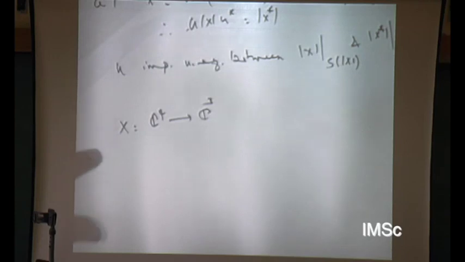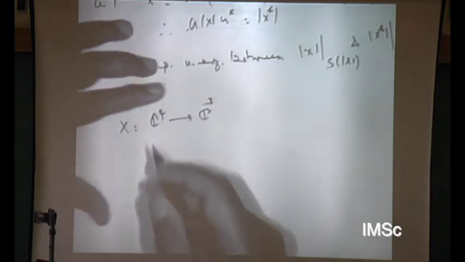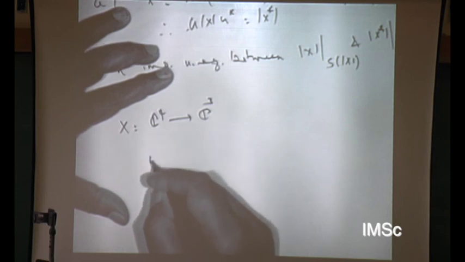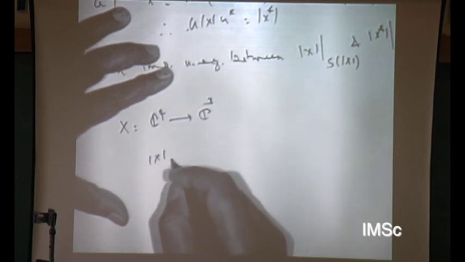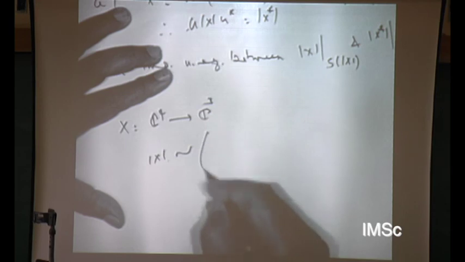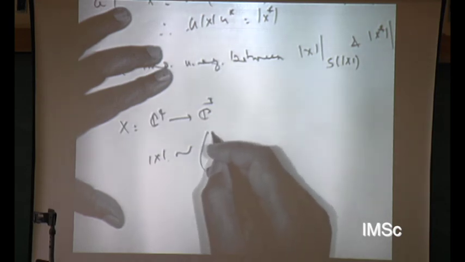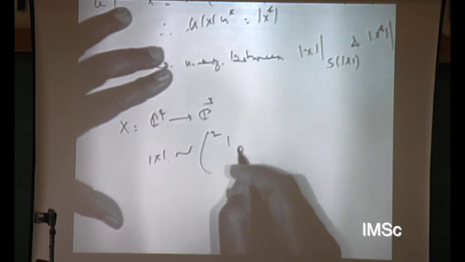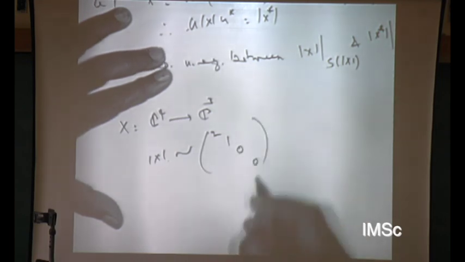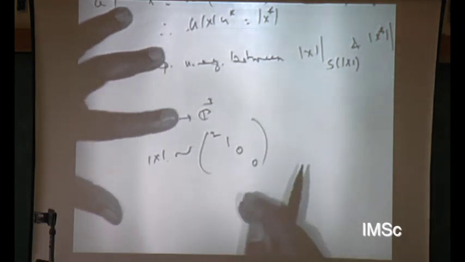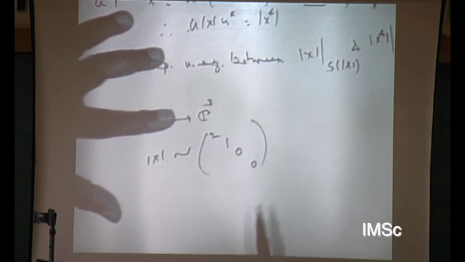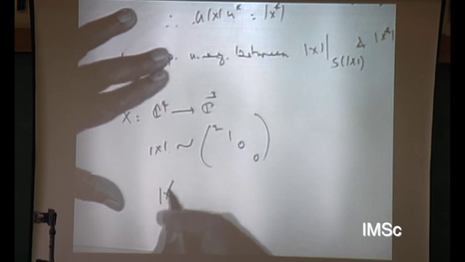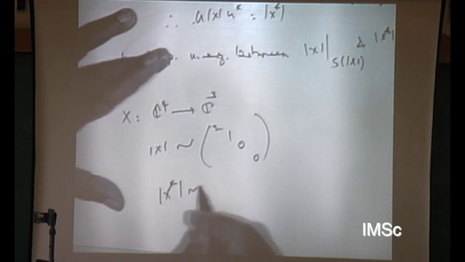So for example, if mod x is unitary equivalent to something like 2, 1, 0, 0, suppose this is a diagonal form of mod x, then the diagonal form of mod x star will be 2, 1.